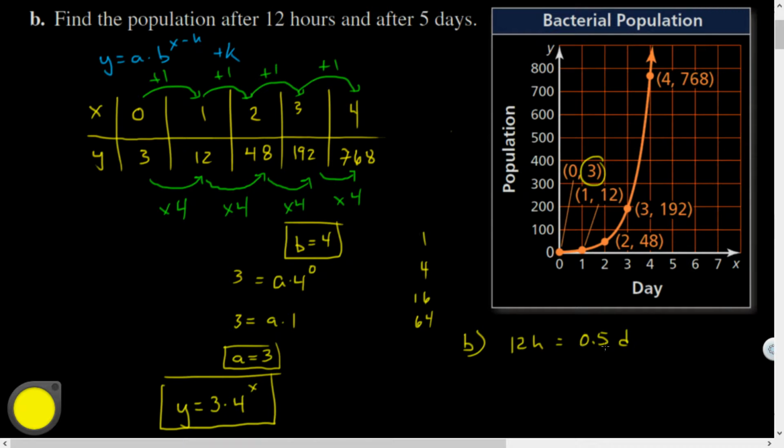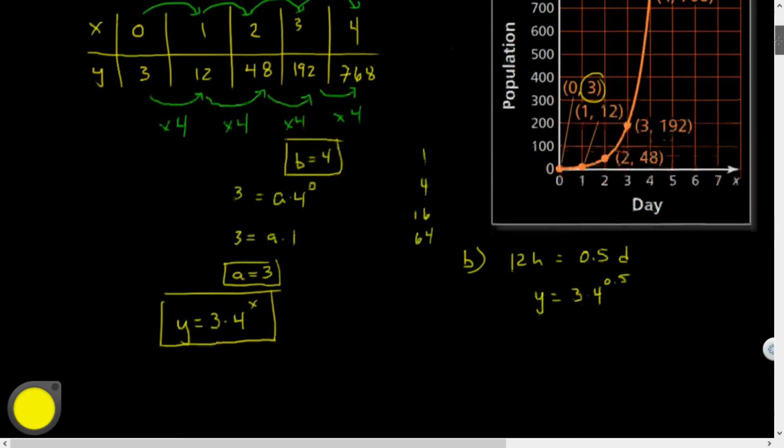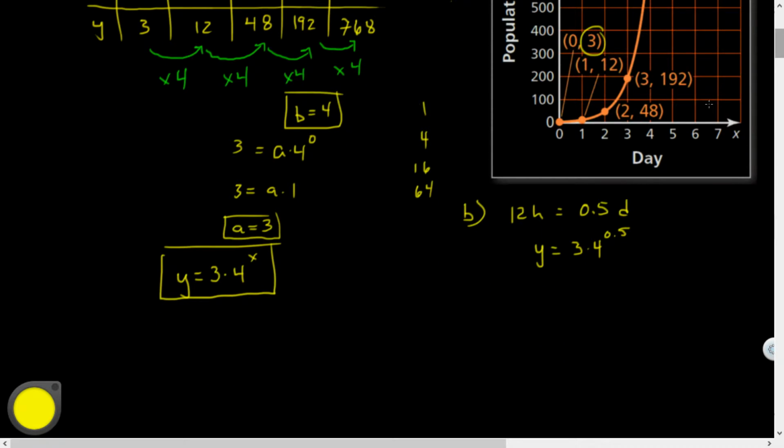All right. So that means I would have to plug in 0.5 for x, and I would get y equals 3 times 4 to the half, or 0.5. Now, we ended up skipping properties of exponents. You'll pick those up in Algebra 2.